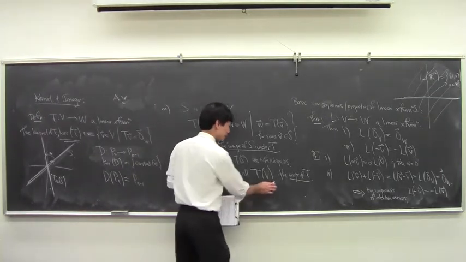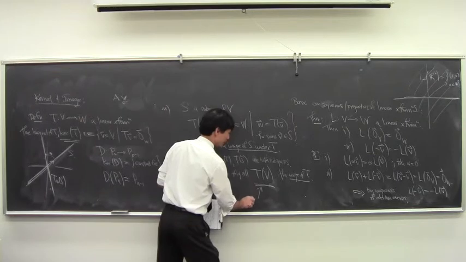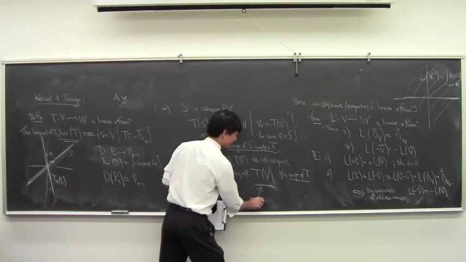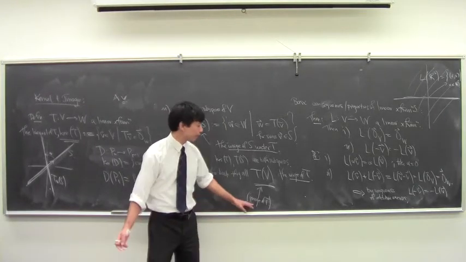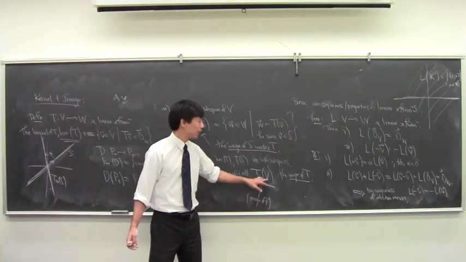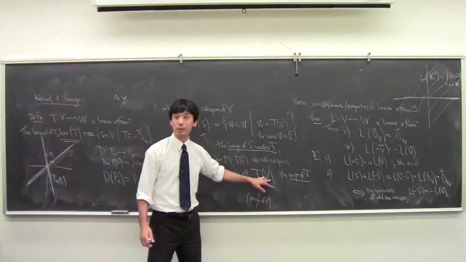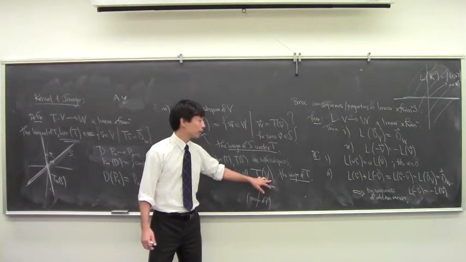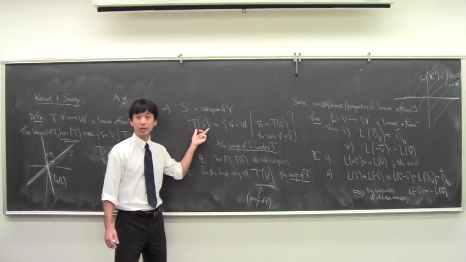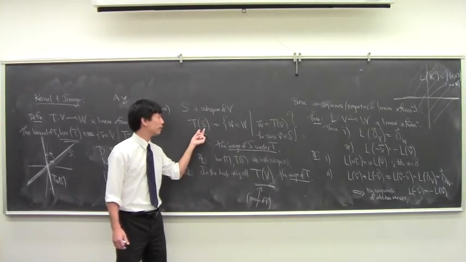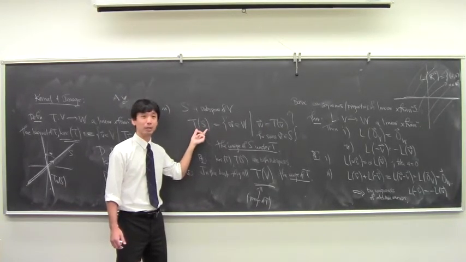My understanding is that usually one calls this the image of T. So when I hear image of T, what I think of is the image of T acting on the whole space. The authors call that thing the range, and they call these partial guys the images of subspaces under the linear transformation.